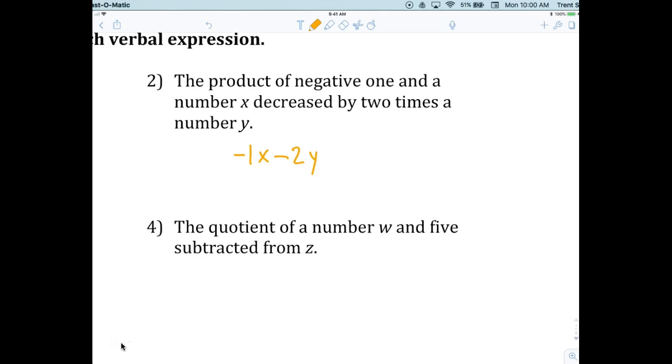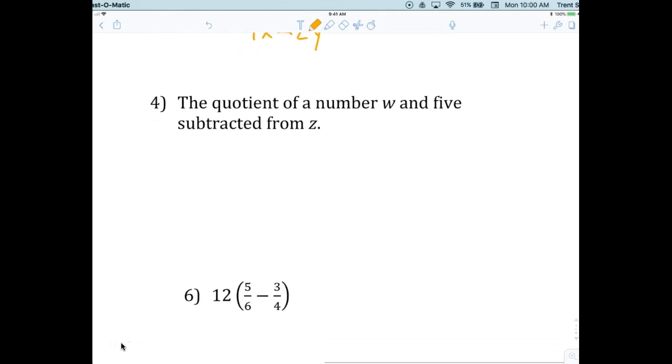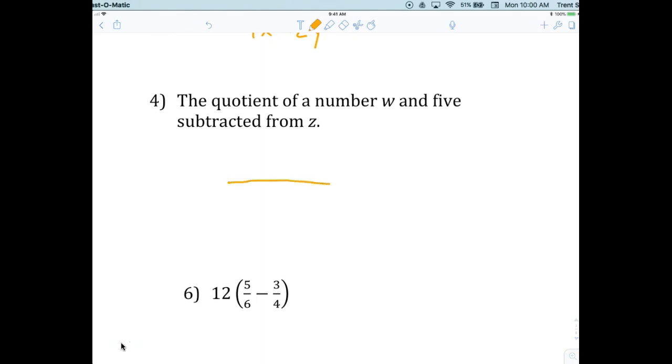Quotient means to do what? Divide, right? But I would prefer that instead of saying divide, you can say it's going to be a fraction. The quotient of a number, w, that would go on the top, and 5 subtracted from z, so that would be z minus 5.